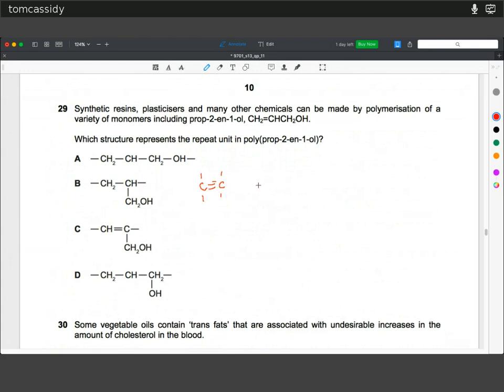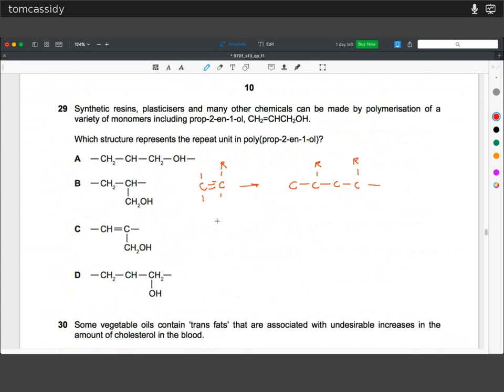When that polymerizes, you just get the double bond forming a chain. And whatever was hanging off the double bonded carbon there just ends up hanging off the chain that forms.